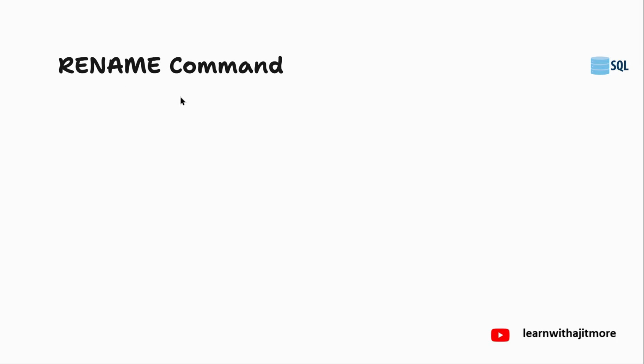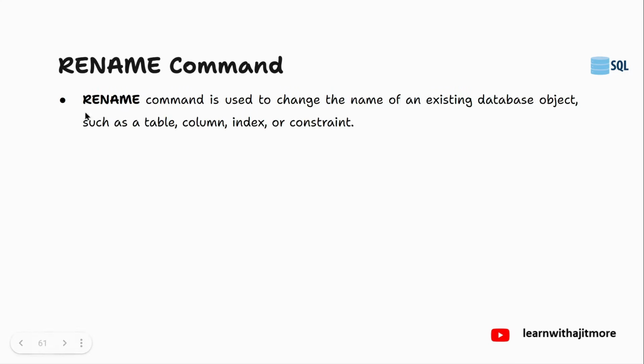So the rename command is used for renaming your database object. That database object can be a table, a column name, or an index name. Okay, so how to rename it? One by one we will discuss. So the rename command is used to change the name of an existing database object, like changing the name of your table or changing the name of a column.